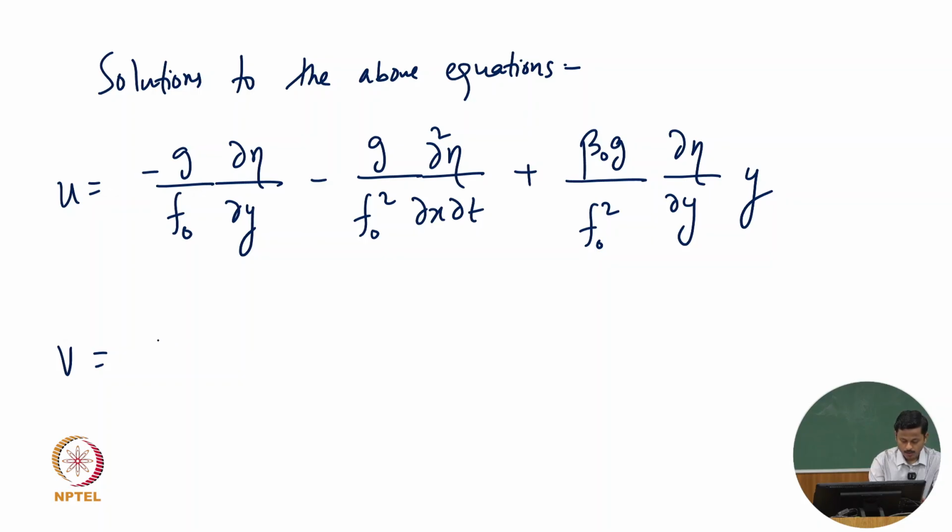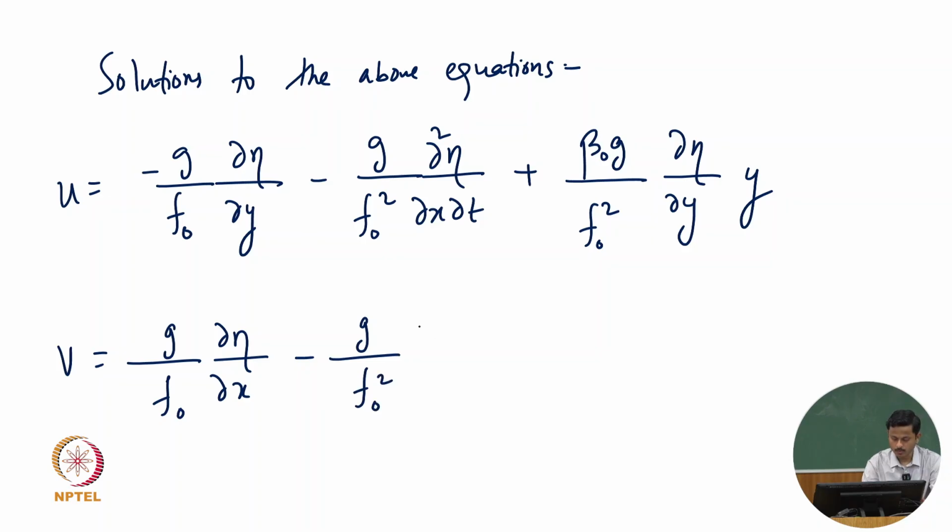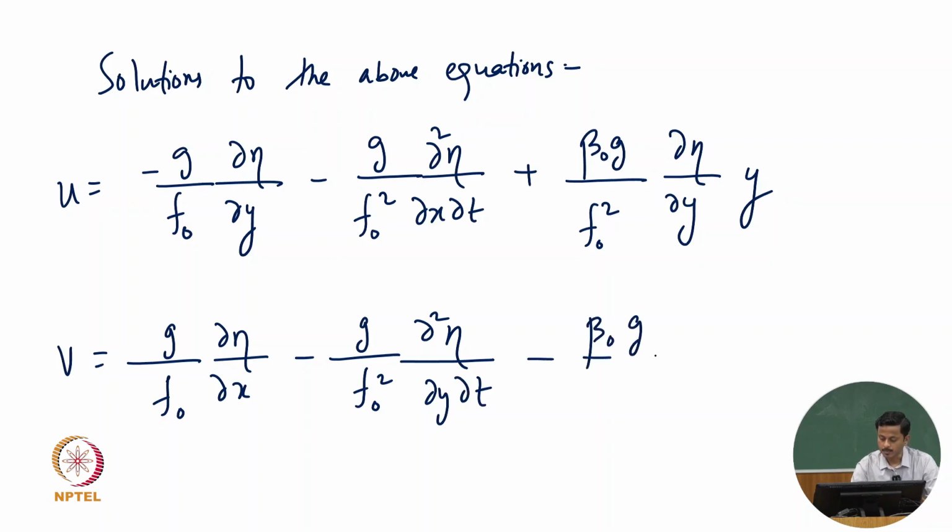Similarly, v equals g by f naught del eta del x minus g by f naught squared del square eta del y del t minus beta naught g by f naught squared del eta del x times y.